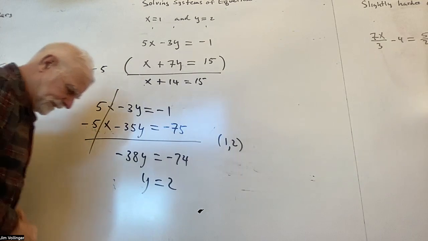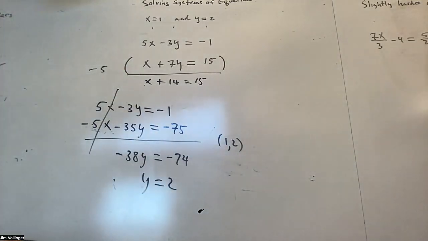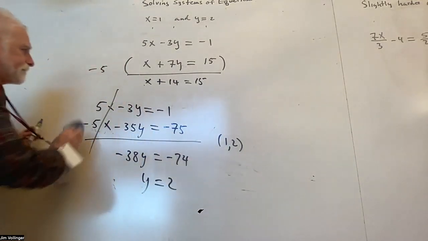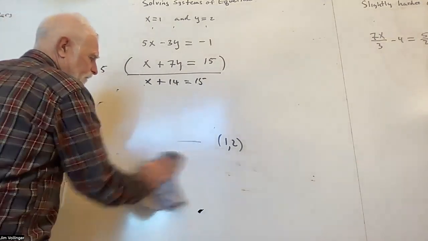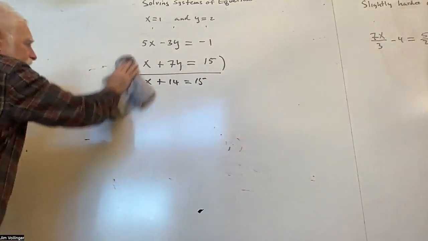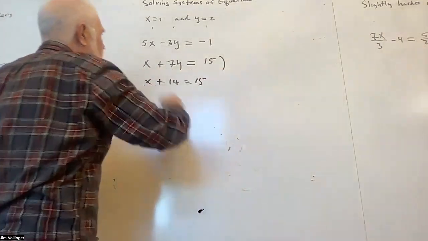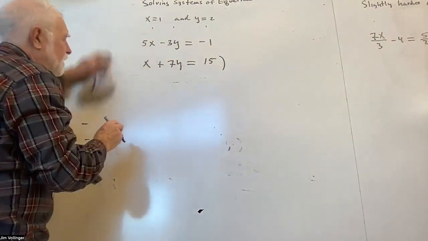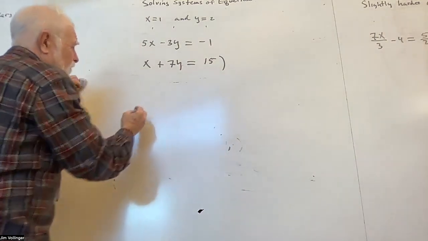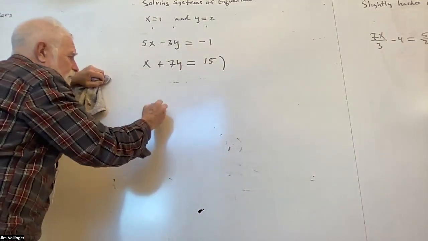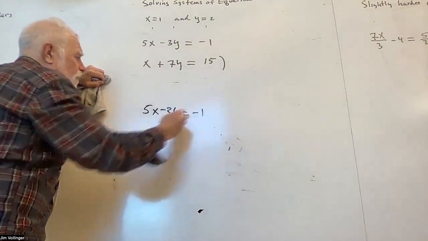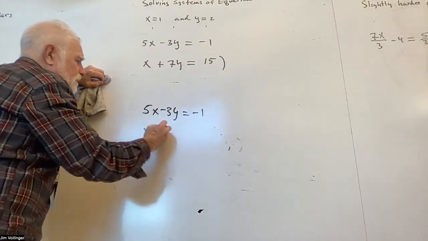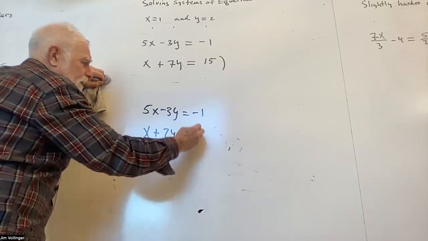All right, whoops. Okay, erase that mark on the board. Got it. And if I wanted to get rid of the other column, I'll do this time. Let's say I'll leave the x column alone and I'll play with the y column this time. If I'm going to do that, then I got to do 2 multiplications. 5x minus 3y equals -1. And x plus 7y equals 15.